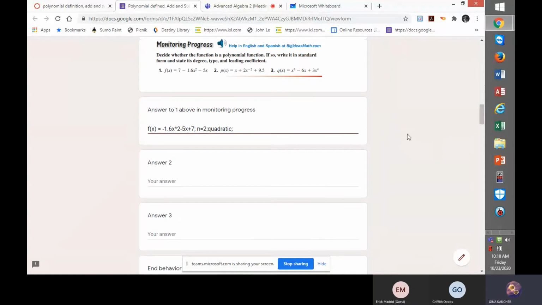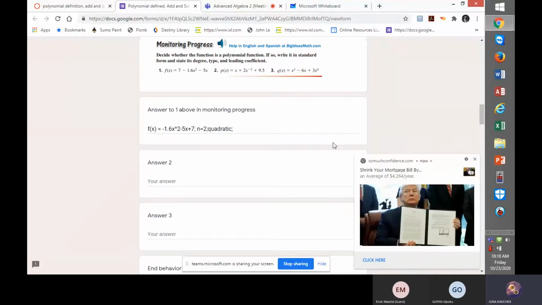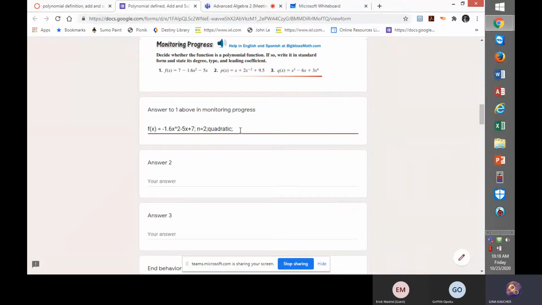The leading coefficient. The leading coefficient is in front of the highest degree x value, so x squared is the highest, so your leading coefficient is -1.6. And yes, if it is negative, you do want to put that as negative, because we are talking about a negative term. I mean, values can be negative, so we don't just put 1.6.